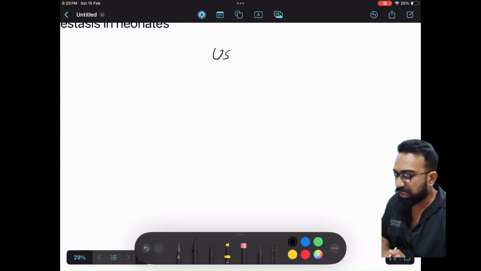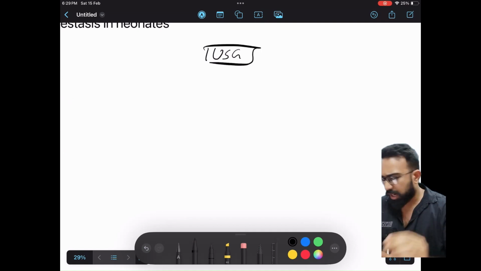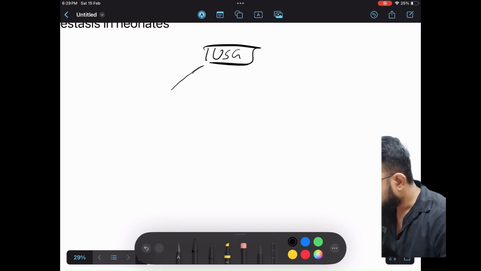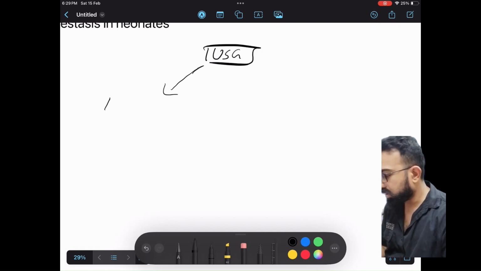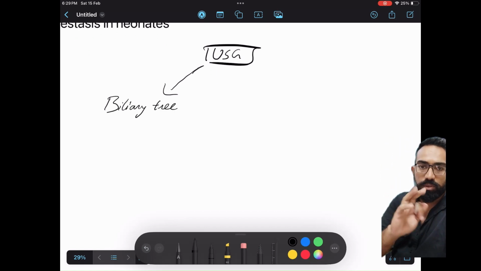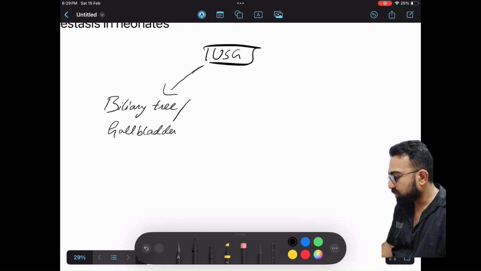So whenever you see this combination in a neonate or a small child, what you need to do first is get an ultrasound done, USG done first. In the USG, there are three possible scenarios. The first scenario is where you do not see the biliary tree.